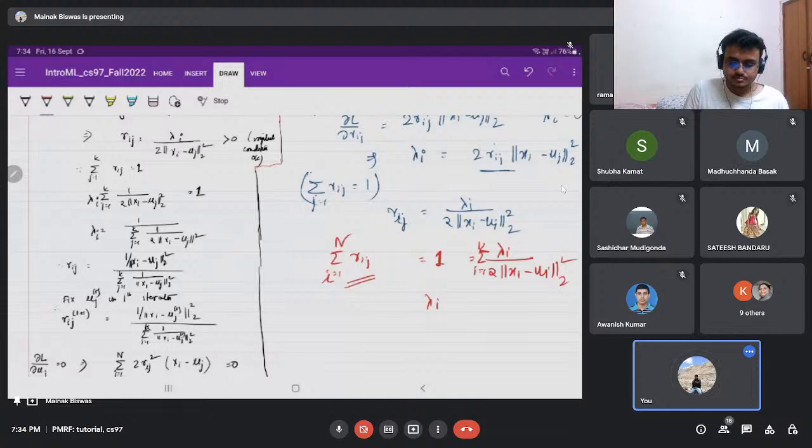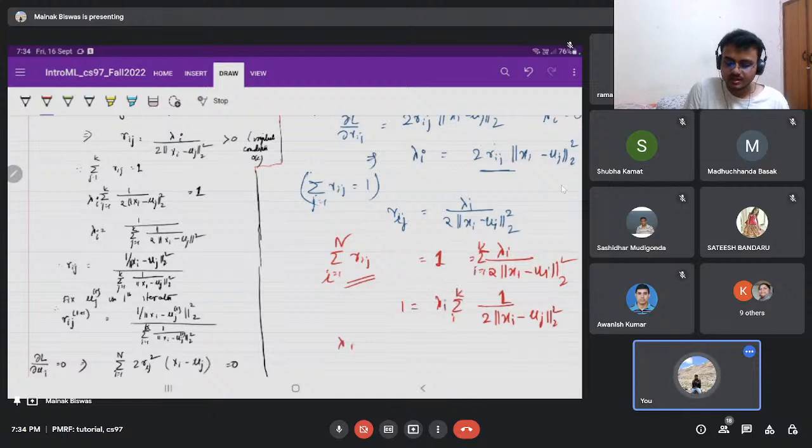Now when you take lambda i common, you end up having 1 is equal to lambda i times 1 by 2 (xi minus mu j).